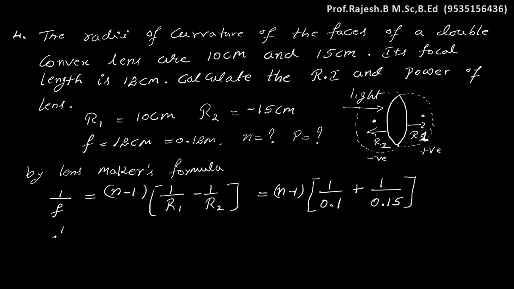So 1 divided by 0.12 is equal to n minus 1 into 1 divided by 0.1, I can write it as 10, plus 1 divided by 0.15, it is 6.66. So the value is n minus 1 into 16.66.